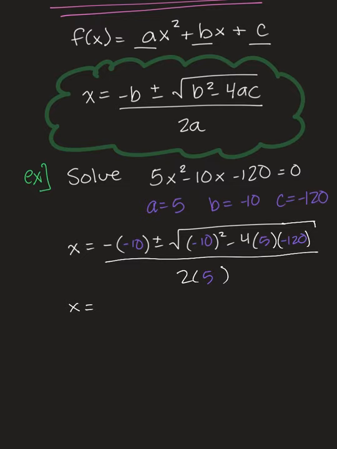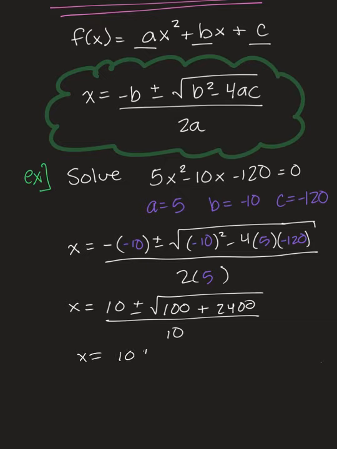So on the top we have 2 negatives, making it a positive 10, plus or minus the square root. Negative 10 squared is a positive 100, minus, and then 4 times 5 times negative 120 gives us positive 2400, all over 2 times 5 is 10. Then we have the inside of the radical giving us 2500.